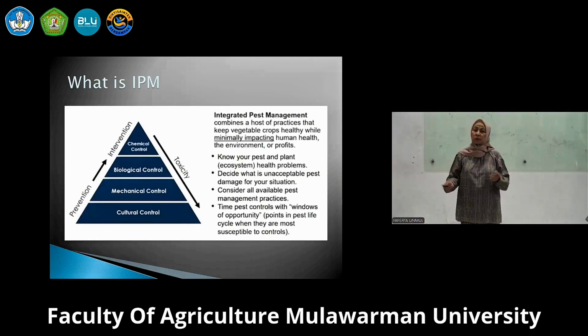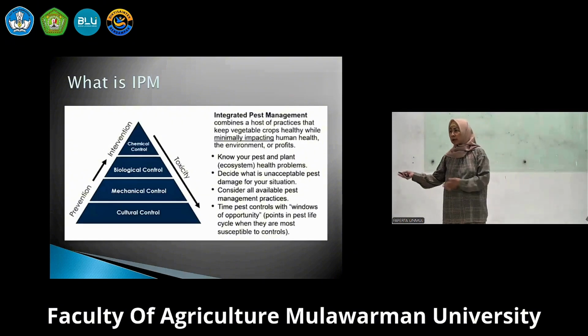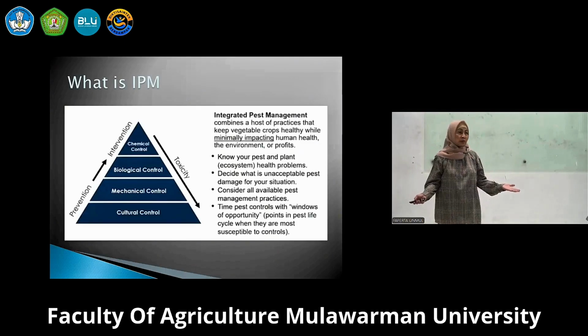Because every pest will be different, right, with the data. So maybe the situation in East Kalimantan is different from Java. Because why? The climate is also different, right? In East Kalimantan, we have humidity of more than 80%. But in Java, it's not like that, right?